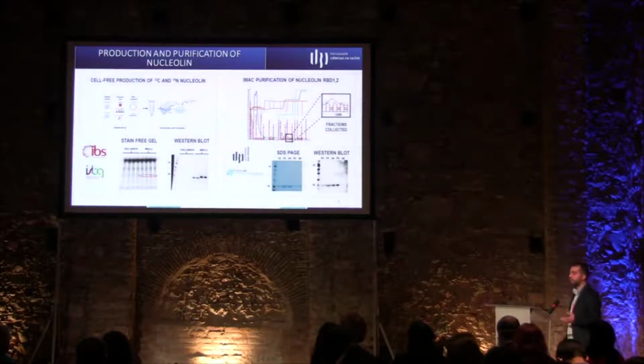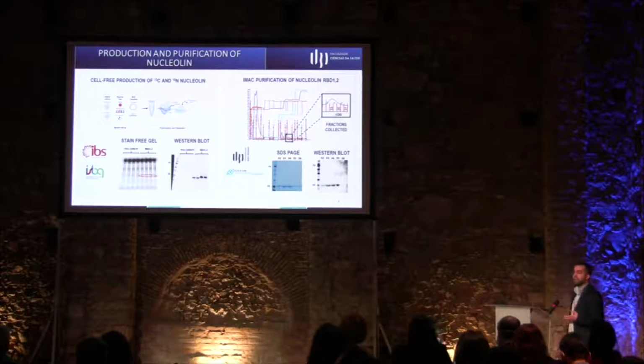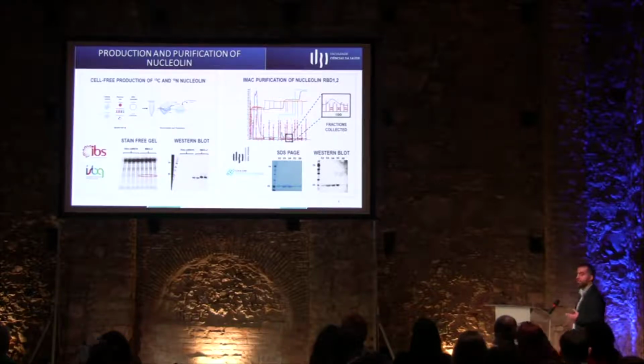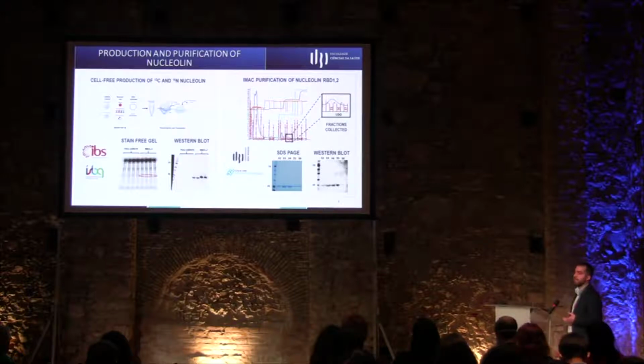First, I will show you the results of the cell-free production of nucleolin labeled with carbon-13 and nitrogen-15. Our partners from the cell-free platform tried to produce a full-length nucleolin. However, the in vitro expression was not achieved with success because of the disordered region in the N-terminal domain.